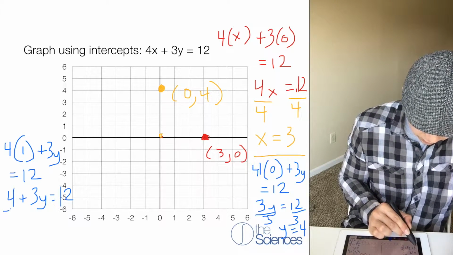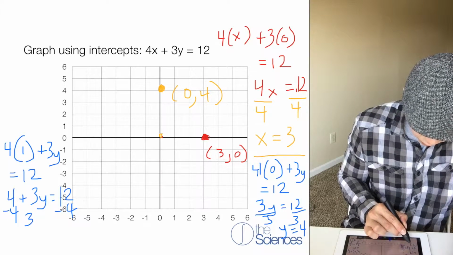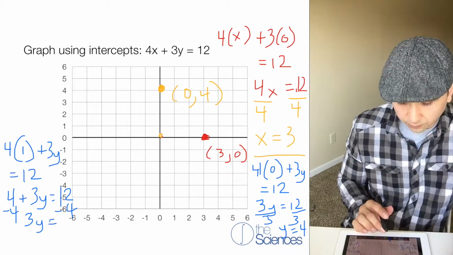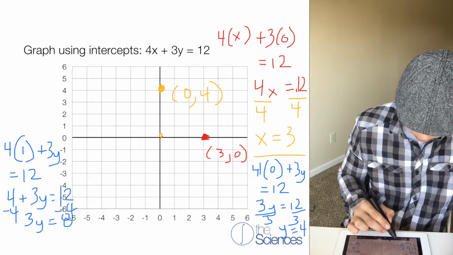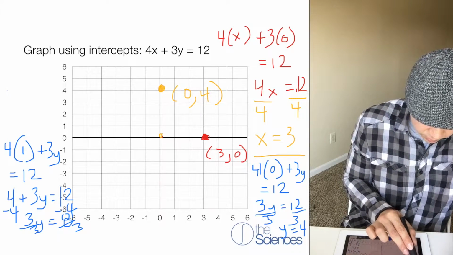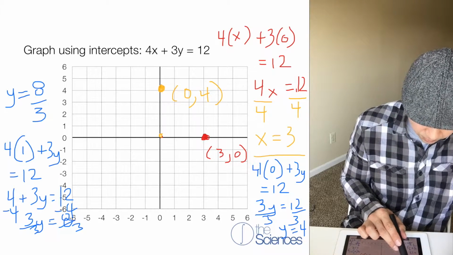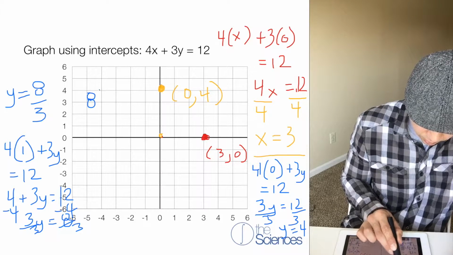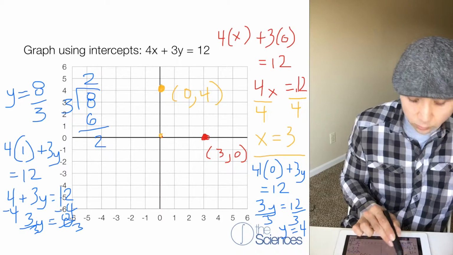If we subtract 4 from both sides, we get 3y equals 8. Now we divide by 3 on both sides, and we get y equals 8 over 3, or 2 2/3.